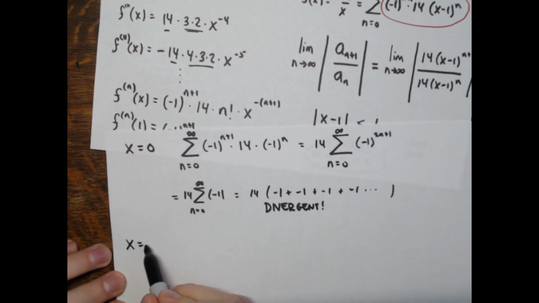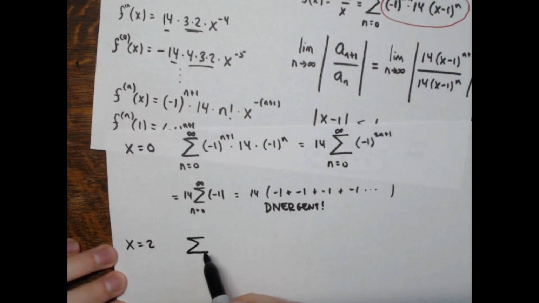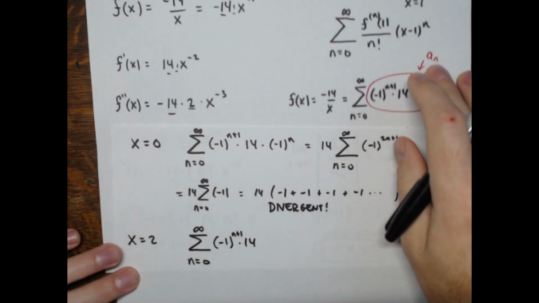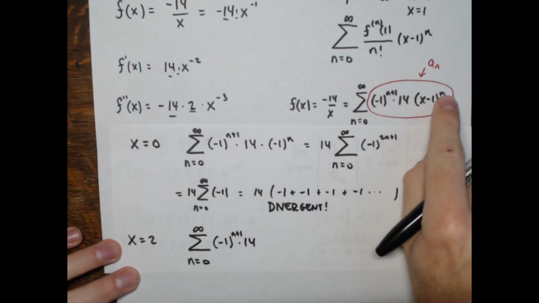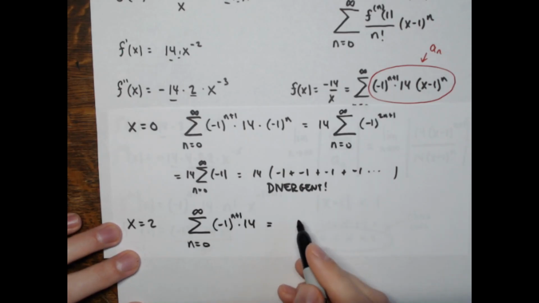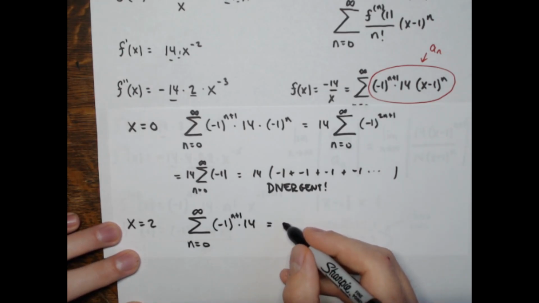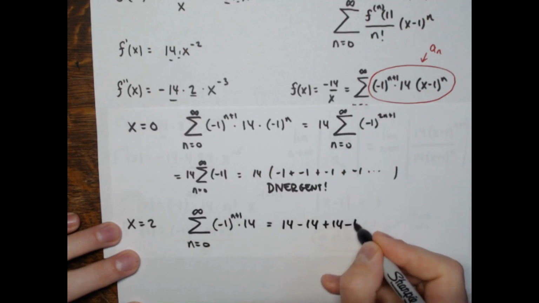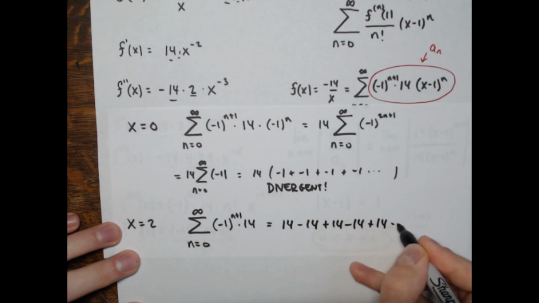And then when x equals 2 at the other end, the sum looks like this. And then when x equals 2, this becomes 1 to the nth, so just 1. So you're getting this sum. And this is just an alternating sum of 14s, you'd have 14 minus 14 plus 14 minus 14 plus 14.